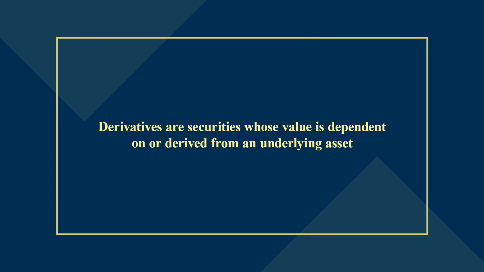Therefore, derivatives are securities whose value is dependent on or derived from an underlying asset. For example, an oil futures contract is a type of derivative whose value is based on the market price of oil. Let us assume I am a farmer who is going to invest a fortune in sowing in my new farm.